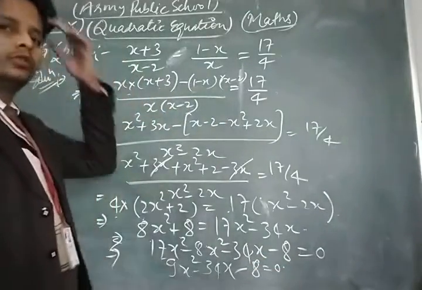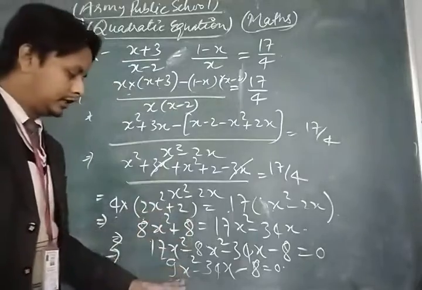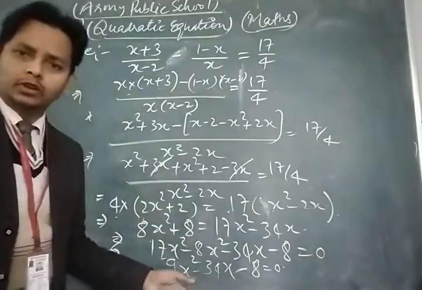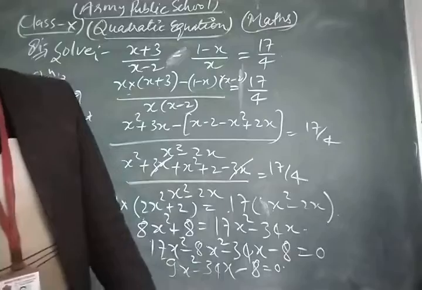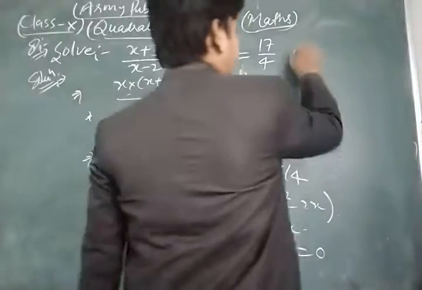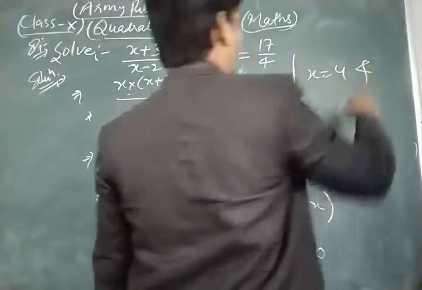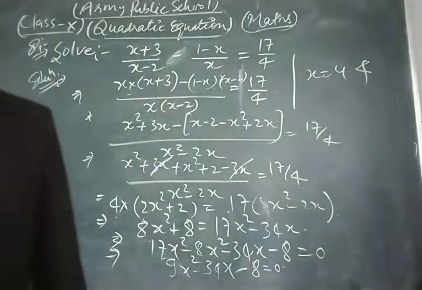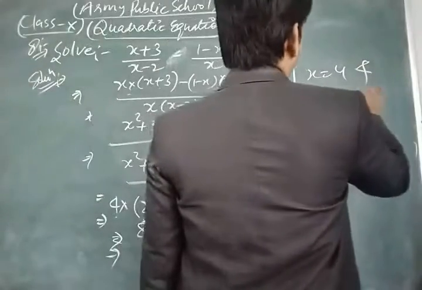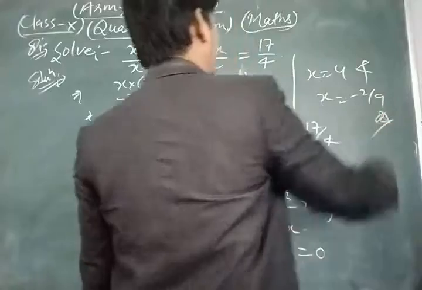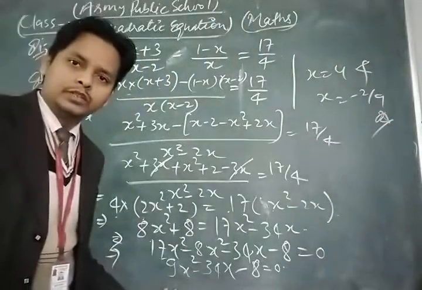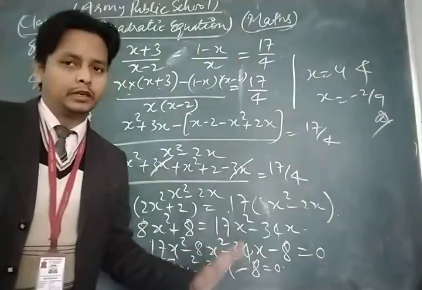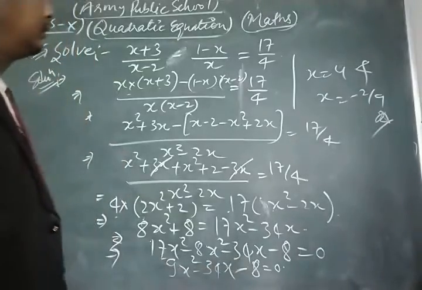Now we do the factorization by the method of splitting the middle term, and in this way you get the value of x as 4 or minus 2 by 9. This is the required solution. You are solving the quadratic equation by the method of splitting the middle term. Okay, so in this way you can solve that question.